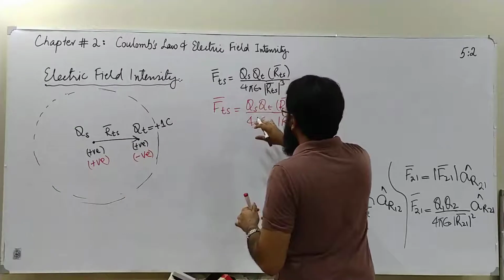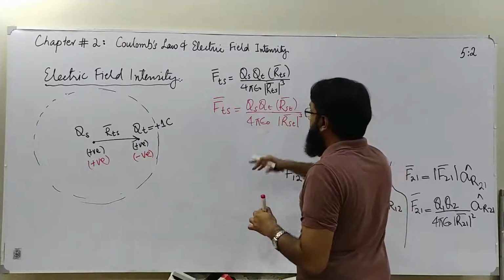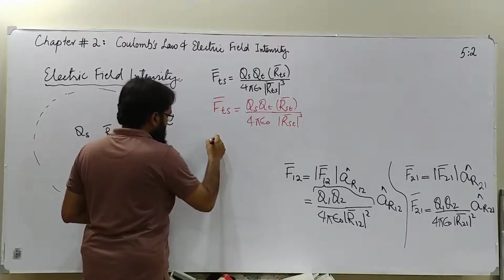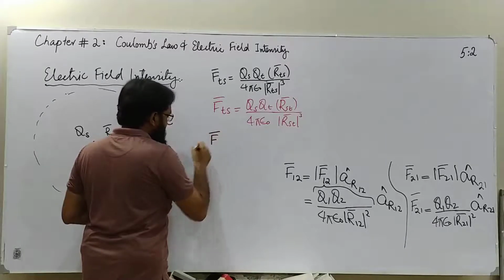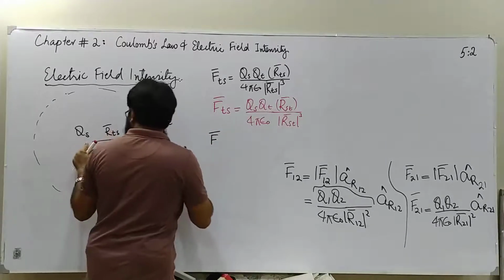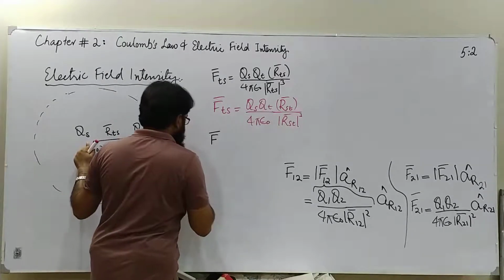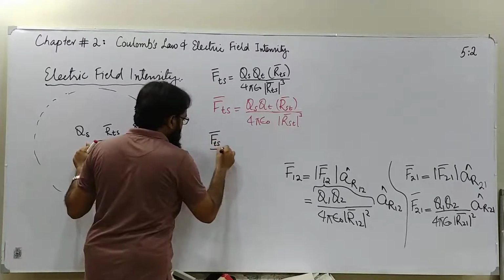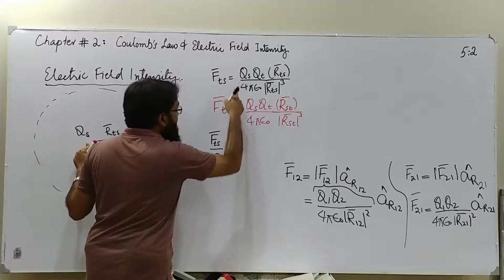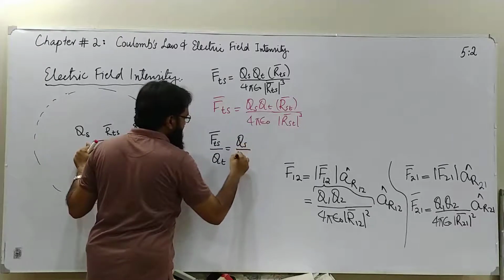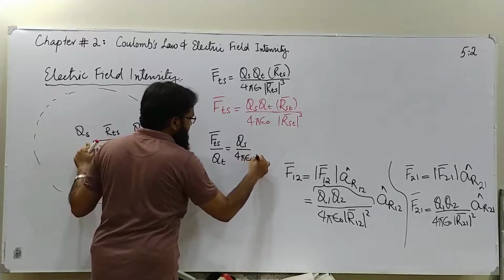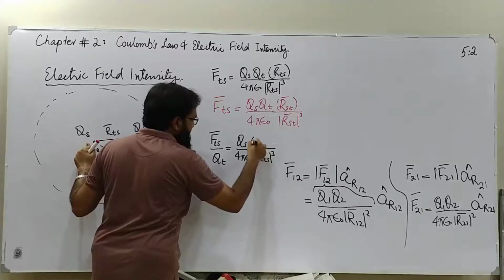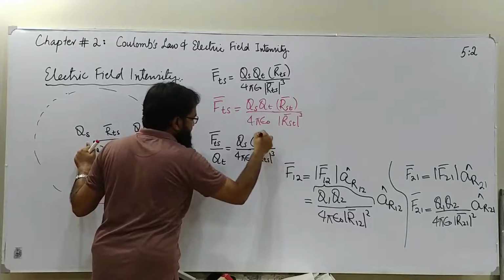To make Q_T 1 Coulomb, what I can do is divide the formula for the force by Q_T, in order to get Q_S upon 4 pi epsilon naught R_TS cubed into R_TS.